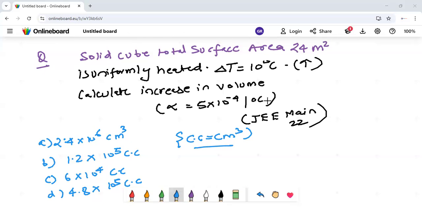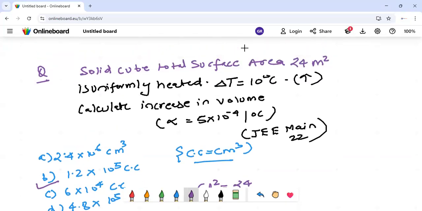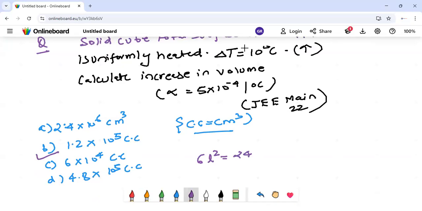All right, so the answer for this question is option B. Arinjaya, correct. Bhavish, correct. So here, 6L square is basically 24, so from here we'll get L value as 2 meter.